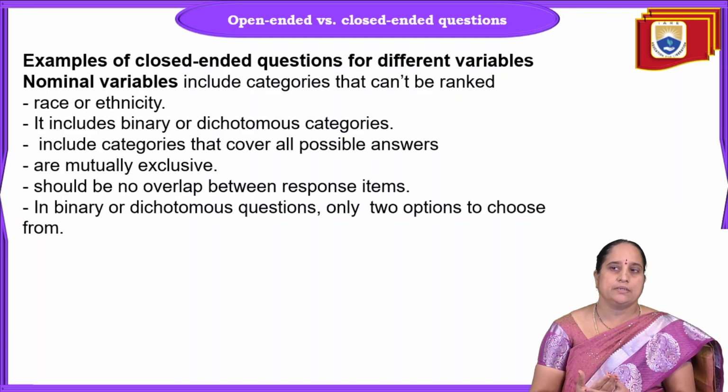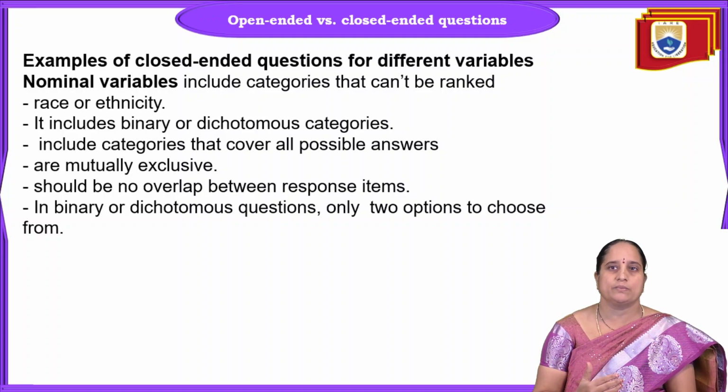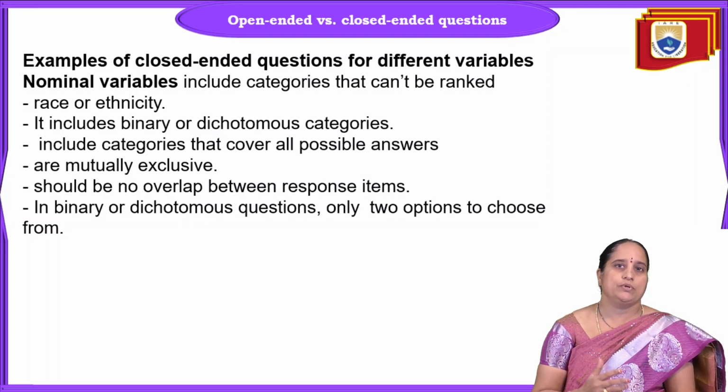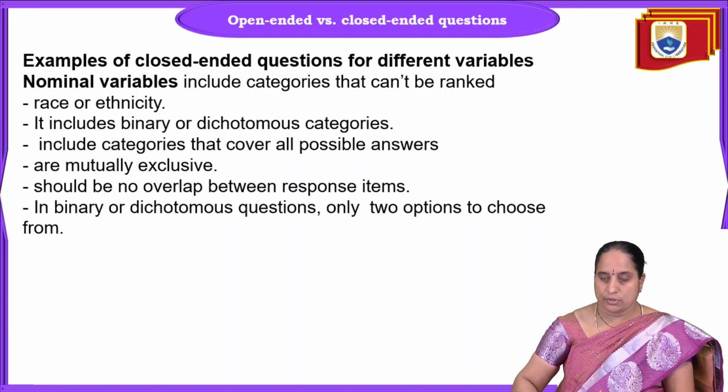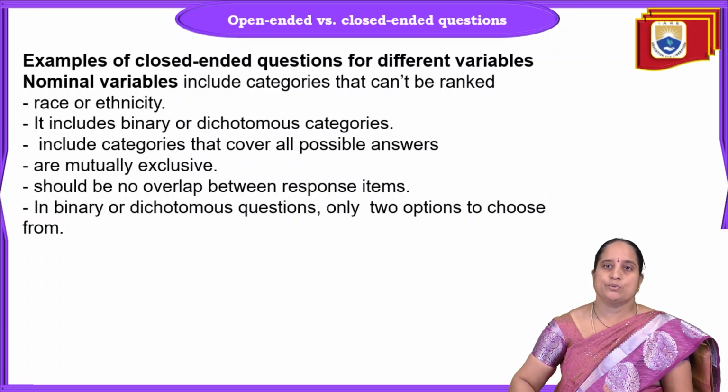Consider race and ethnicity, or binary or dichotomous categories, meaning there will be two categories which include the overall possible answers and they are mutually exclusive. So there should be no overlap between response items, and in dichotomous questions only two options are given to the respondent to choose from.